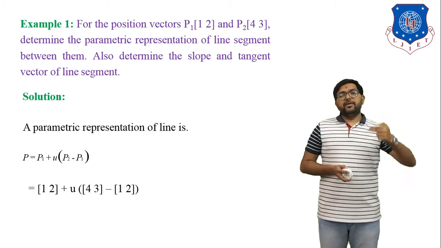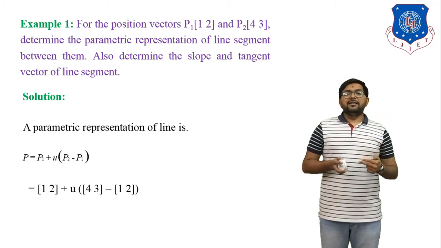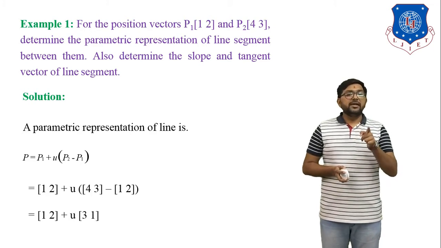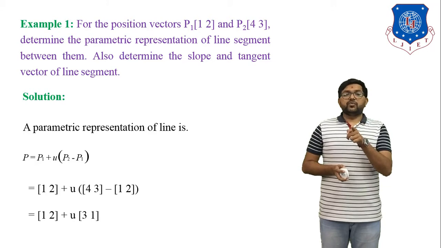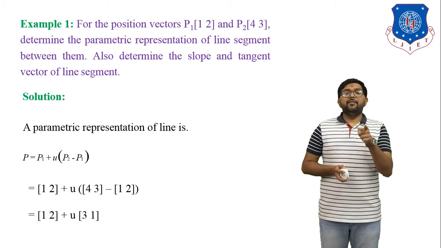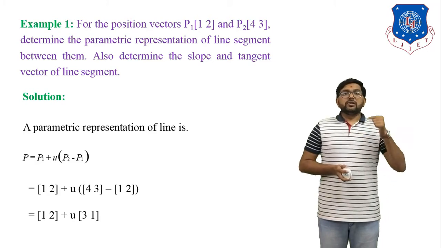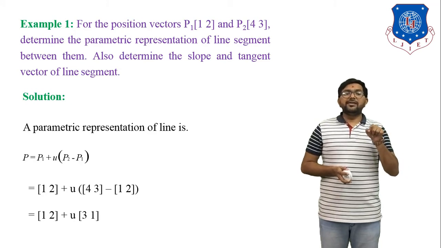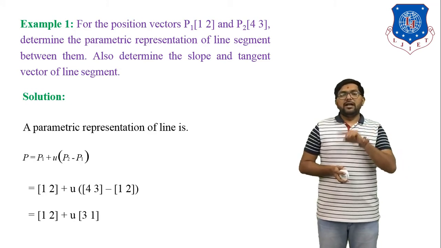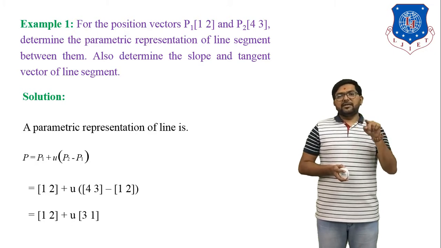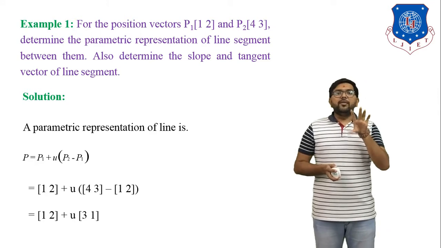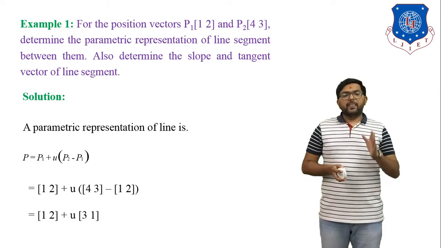If you simplify this equation, it converts to the form (1, 2) plus u times (4 minus 1 is equal to 3, and 3 minus 2 is equal to 1). So the parametric equation is p is equal to (1, 2) plus u (3, 1). So this is the parametric equation. You just have to enter the endpoint coordinates of p1 and p2.